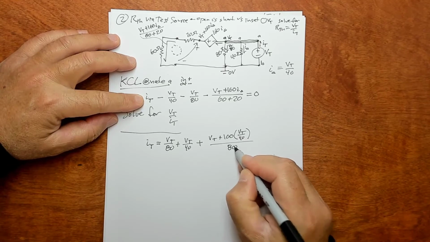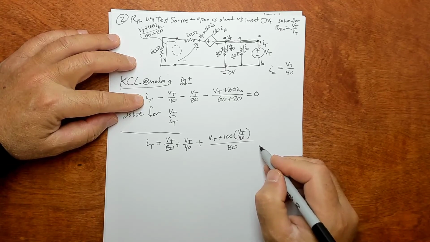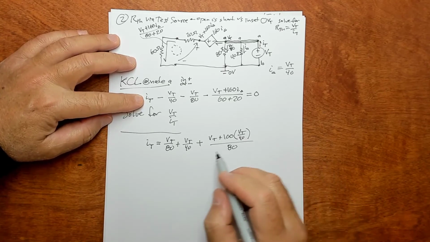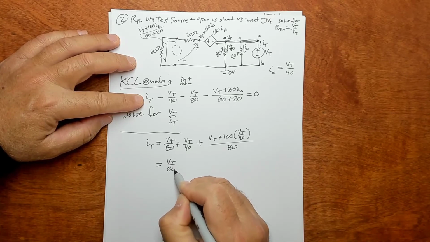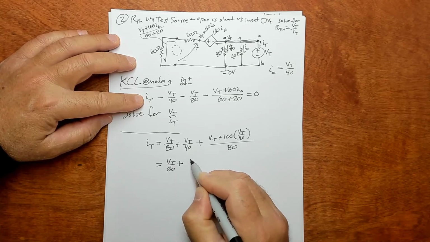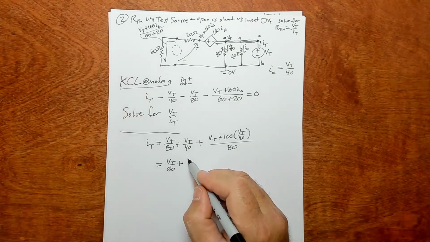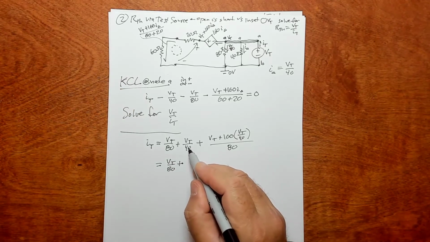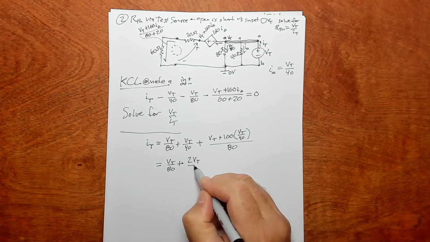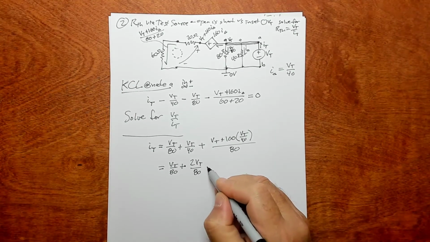Then what? This is VT over 80 plus VT over 40. I got 80, 80, so I could just multiply the top and the bottom times 2, and I get 2 VT over 80, just to have a common denominator.